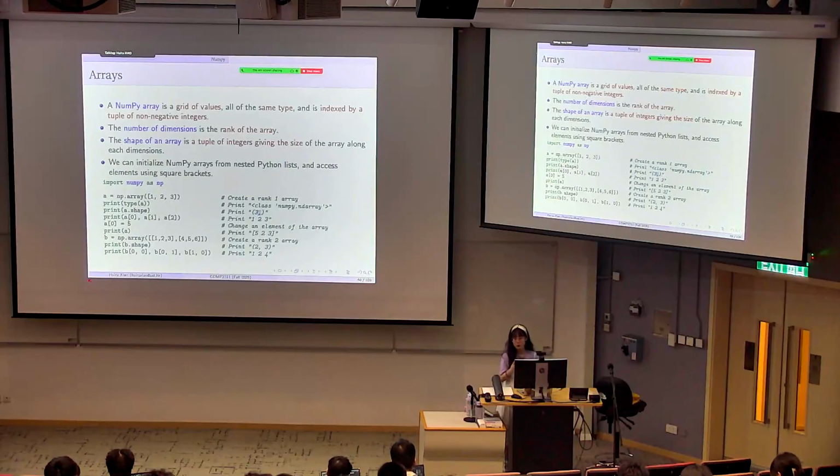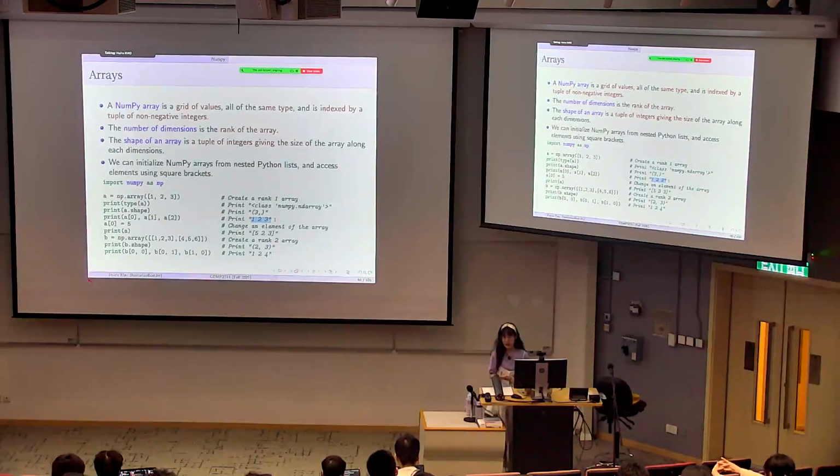And we can print the elements of A by accessing them using the square brackets, the index. We get A[0], A[1], A[2], and it will print 1, 2, 3, these 3 elements of A. We can also change an element of the array. For example, let A[0] be 5.